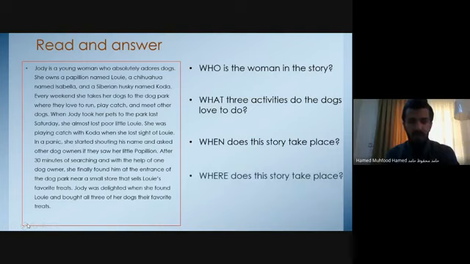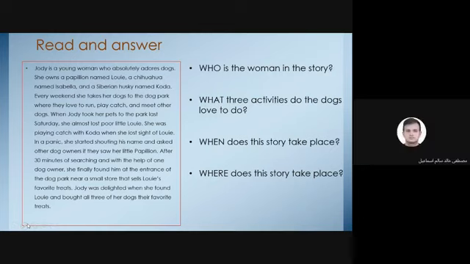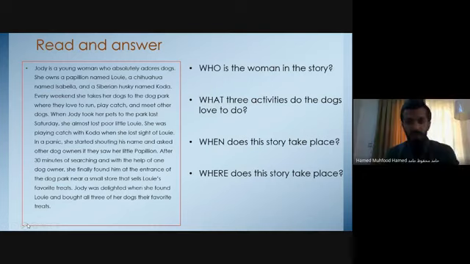Yes, that's right. Now, where does this story take place? Mustafa again? When she took the 3 dogs to the... You mean dog park. Where does this story take place? You should say at a dog park, at the dog park, right? Yes. And I think that's it.